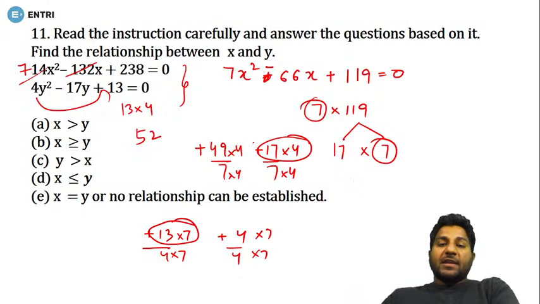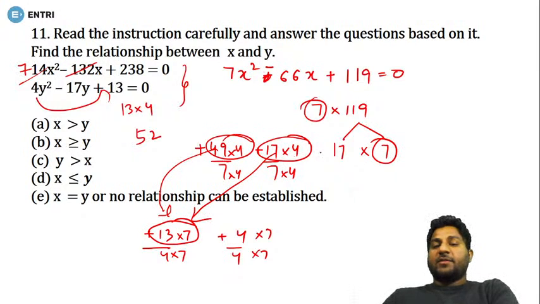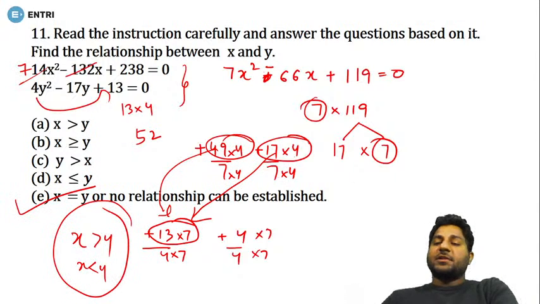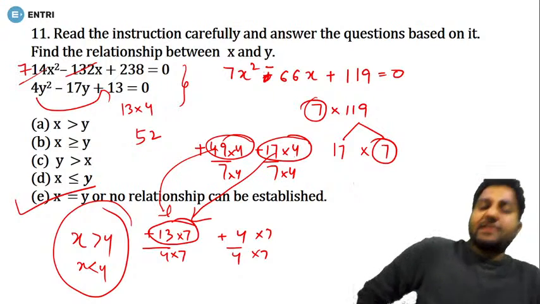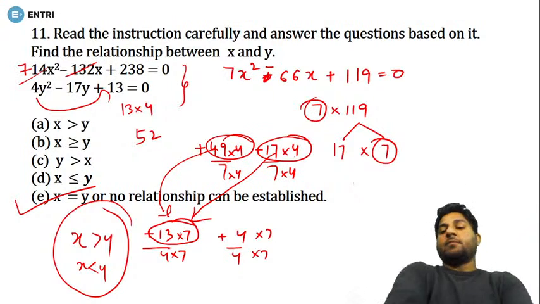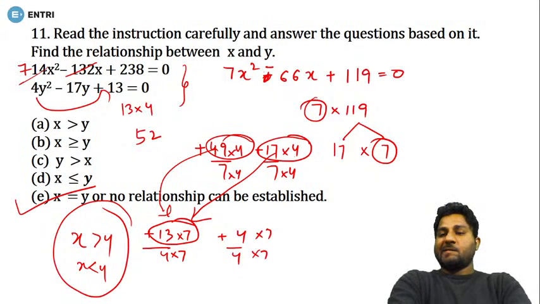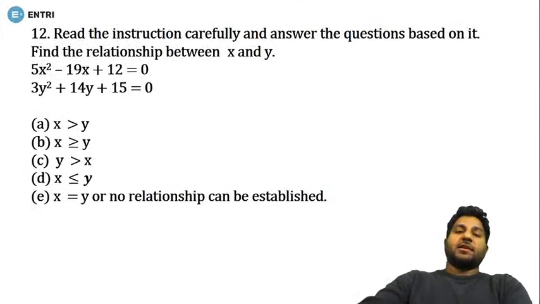So this value is surely greater than 91, but this value cannot be greater than 91 because 17 fours are 68. So 91 is greater. Okay, that means one value you will be getting greater and the second value you will be getting smaller. That means your option E will be the correct one, and the relationship cannot be established. Did you get that? Let's move on to the next one.